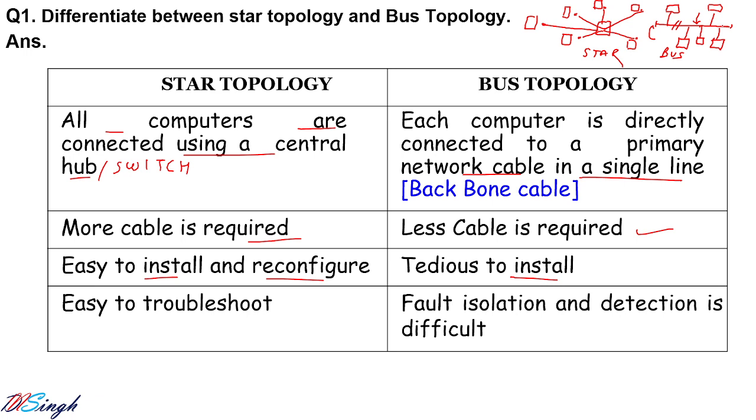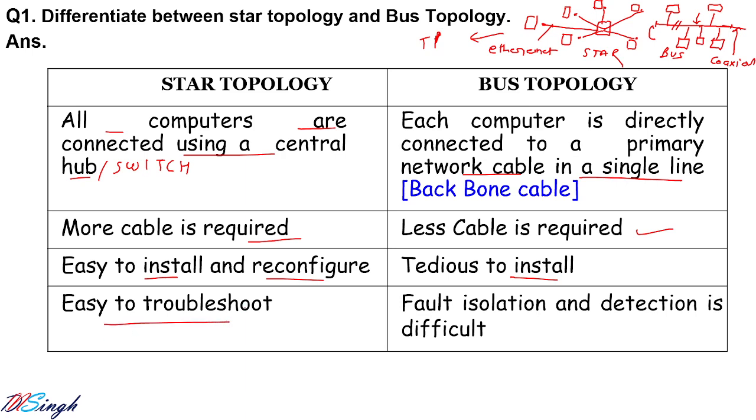Means if you want to scale that, it is difficult. Here for the backbone we use coaxial cable. Okay, and here we use Ethernet cable or Cat6 cable. Ethernet cable, or we can say twisted pair cable. Okay, twisted pair cable is used, which has 8 wires in it.